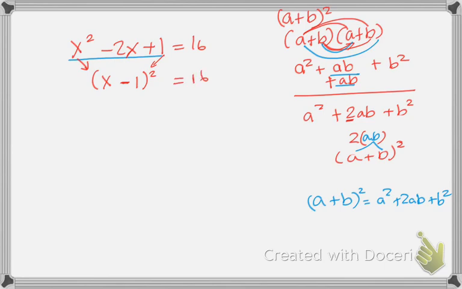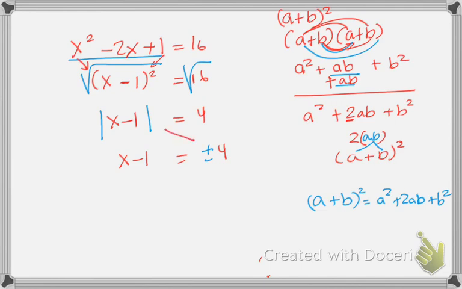Now I'm ready to root both sides, and what I get is the absolute value of x minus 1 equals 4. I have to lose the absolute value before I can get rid of the 1 and isolate the x. So to lose the absolute value, I have to set it equal to plus or minus 4.